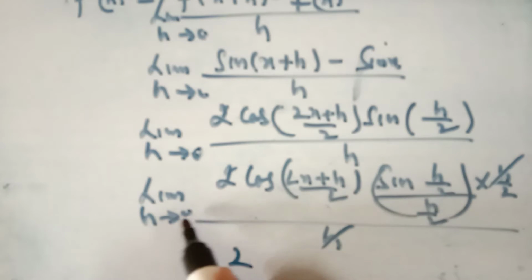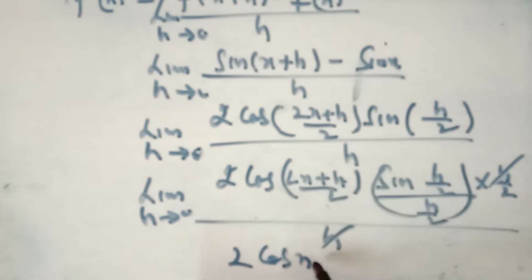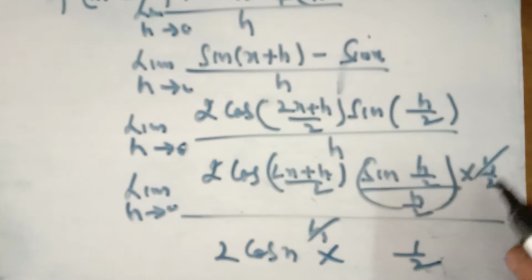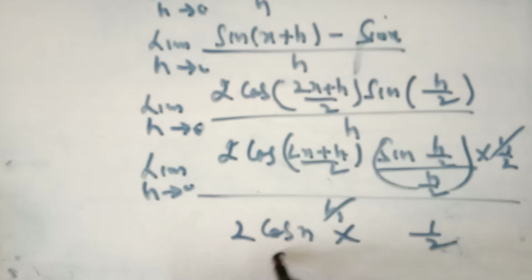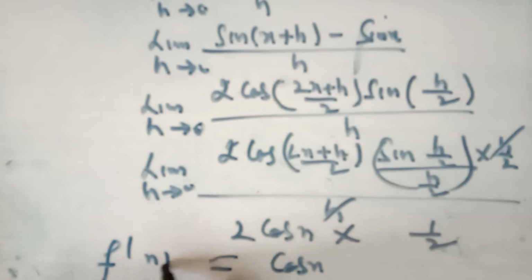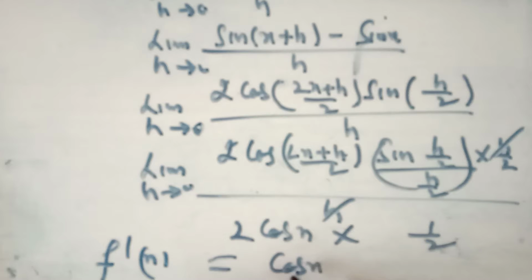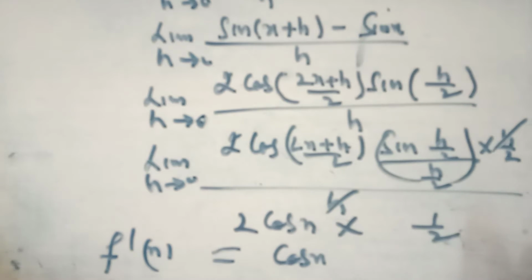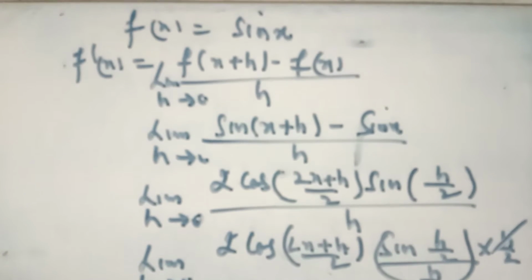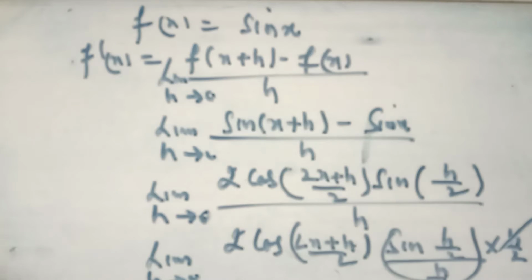By taking the limit h goes to 0, it will be 2 cos(2x/2) into 1 by 2. This is h by 2, h cancels, so 2 and 2 cancel, so cos x is the derivative of sin x. So the derivative of sin x is cos x. This we have derived using the first principle.